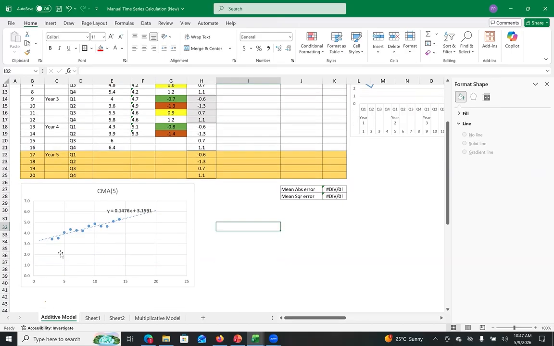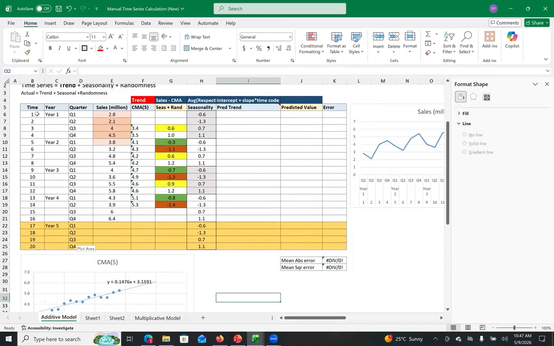What is x here? X is nothing but 1, 2, 3, 4, like this. So what is going to be my trend? Y is equal to mx plus c. What is m? 0.1476 multiplied by x, that is 1, plus c, that is 3.1591.